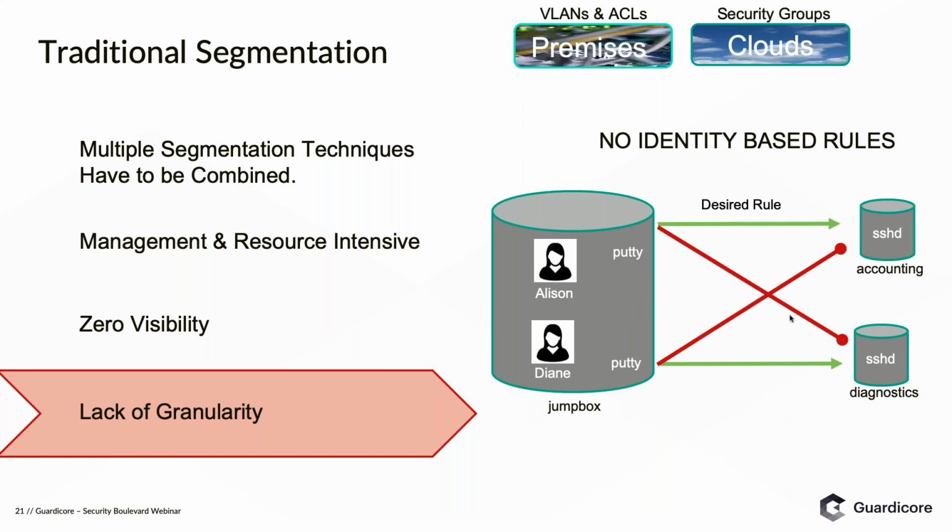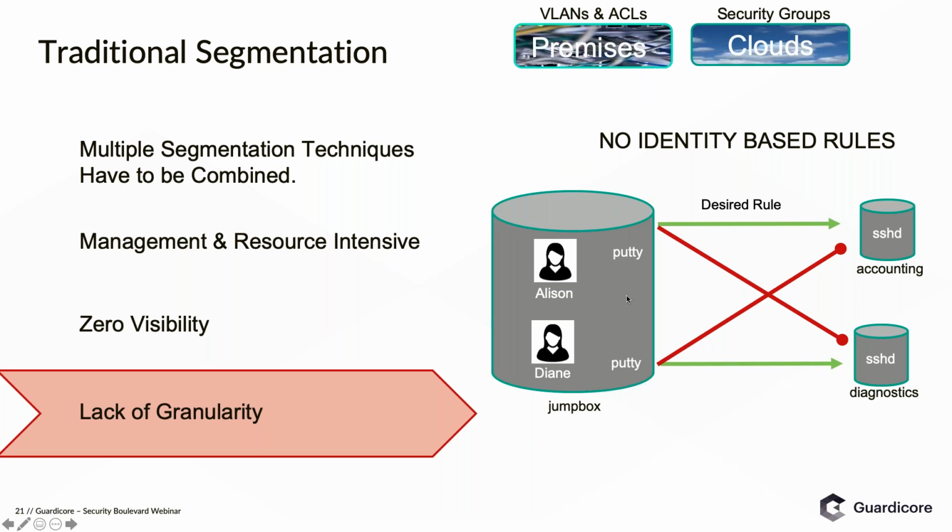Number two is there are no identity-based rules. For example, we talked about the fact that enterprises are looking to contractors to help with resource allocation and also cost. They bring them into the environment. The challenge here, for example, is let's say this woman, Alice, is in charge of the accounting application, and you have Diane in charge of the diagnostic application, and they happen to be in the same data center on the same VLANs, but you have one jump box, and you want these two to only be allowed to get to the specific thing that they're supposed to be controlling.